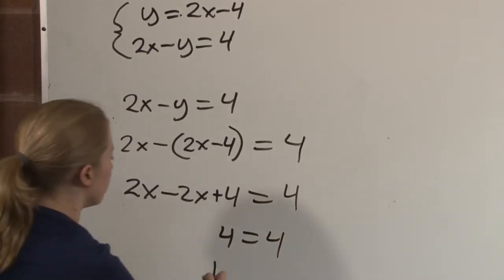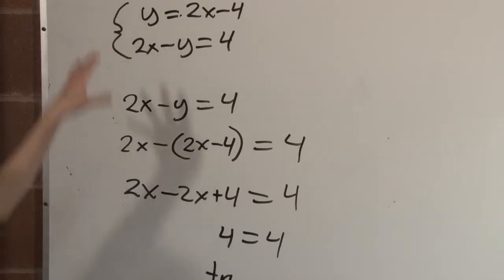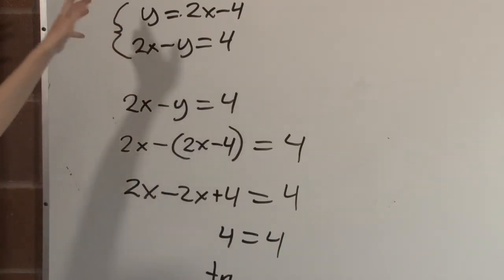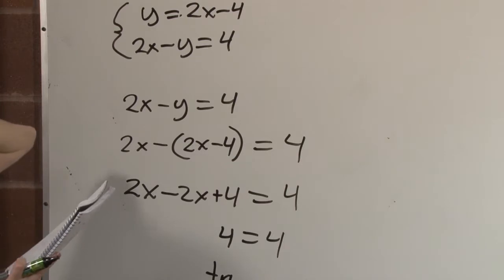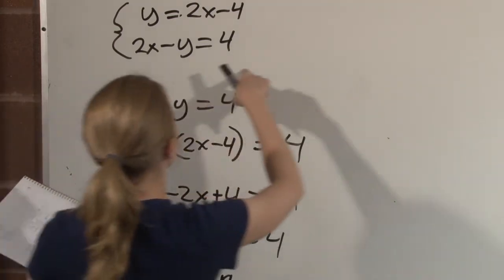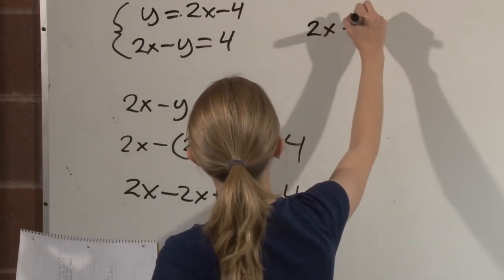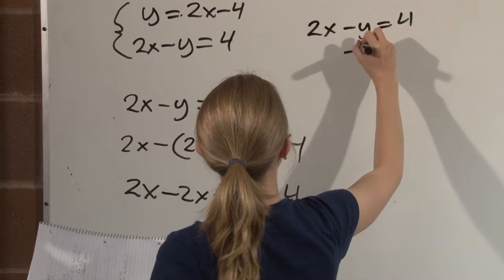So this is true, but I didn't find any values for x and y, and the reason for this is because no matter what the values are, I can find a solution because these are the same line, and you can see that if I did a little bit of algebra on this one.